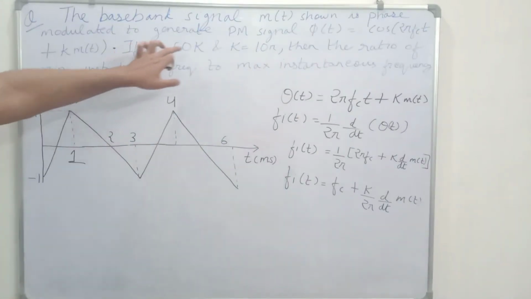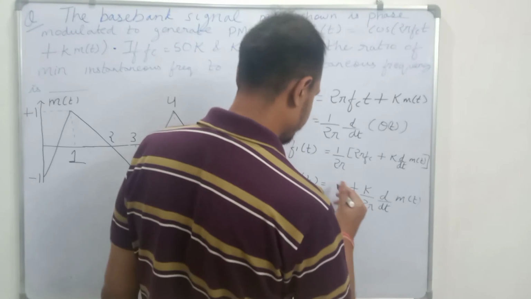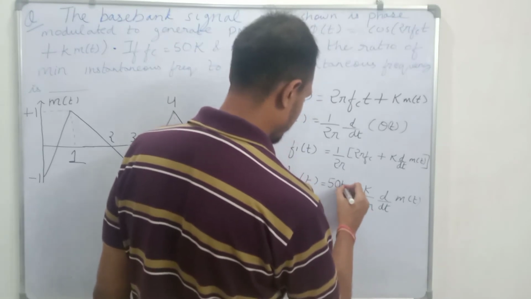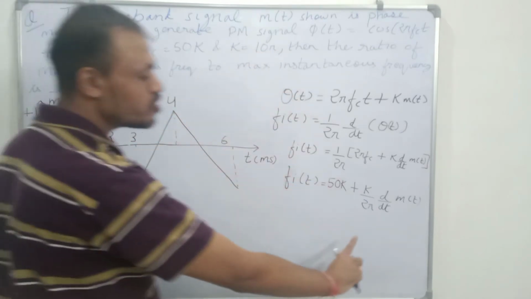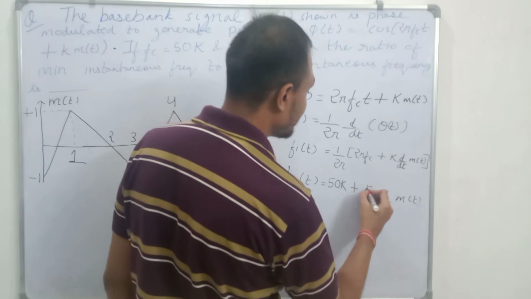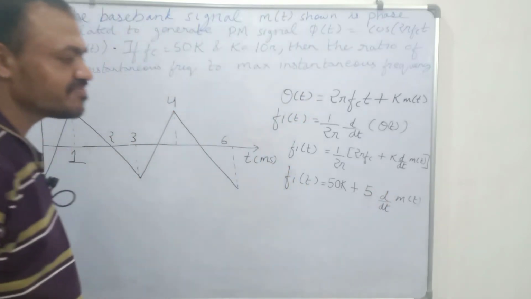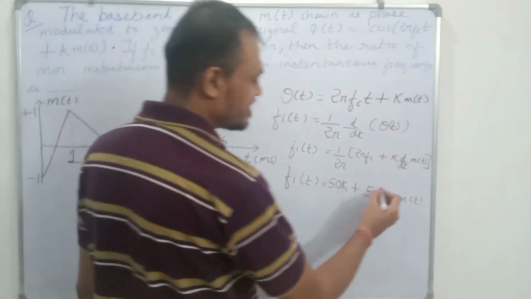Now fc is given as 50k, so I can write 50k here. And k is given as 10 pi, so 10 pi upon 2 pi will be equal to 5. And d by dt, differentiation, means the slope of the message signal.